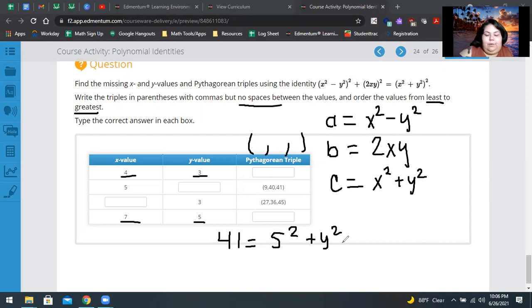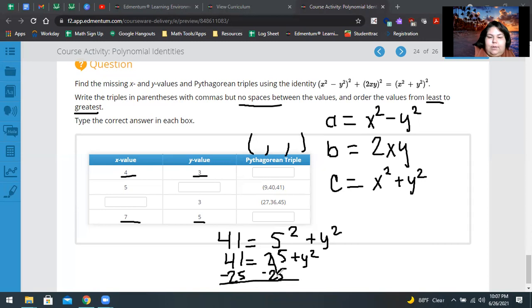Now, here we just go ahead and simplify, right? So this still stays as 41 equal to 5 squared, which is 25, plus y squared. I'm trying to isolate y squared. So I'm going to subtract the 25 on both sides. Minus 25, minus 25.